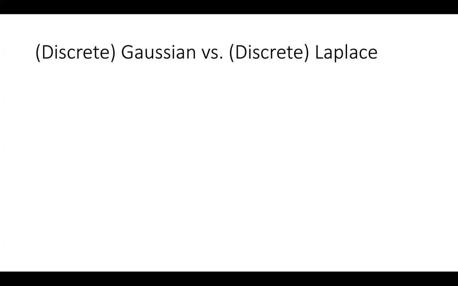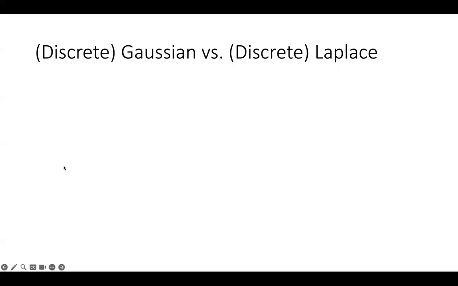But the next question is, well, what about Gaussian versus Laplace? Now, this is something that's actually not specific to the discrete distribution. So everything I'm going to say on this slide applies equally well to the continuous distribution. And it's something that I think is an important lesson.